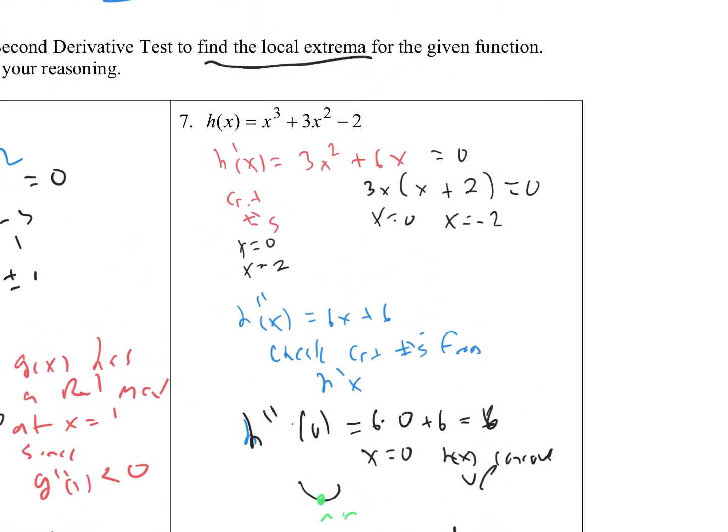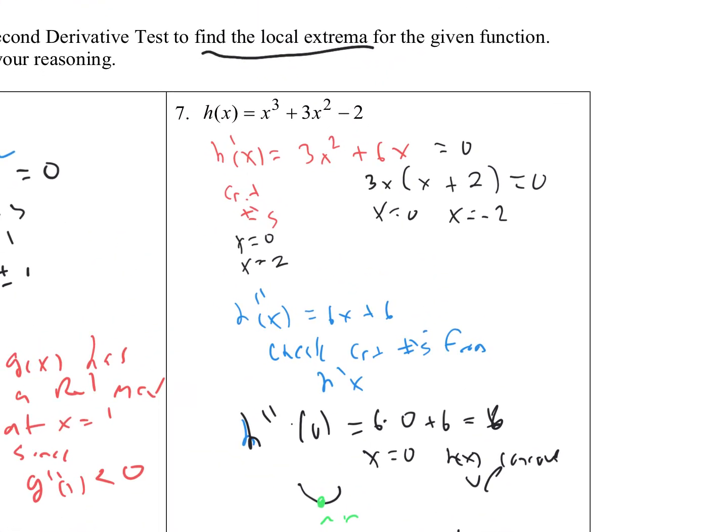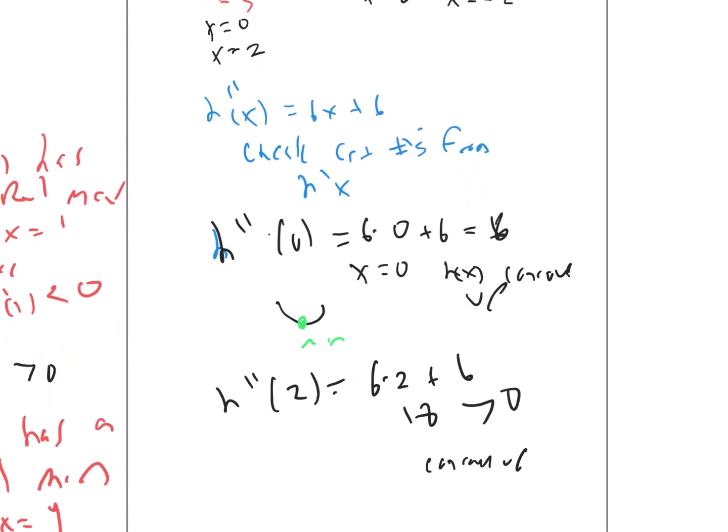What was my function? Was x cubed plus 3x squared minus 2? x cubed plus 3x squared plus 6x. Pull out my numbers. I got 3x factored out of x plus 2. Oh, that's a negative 2. Oh my goodness. Right here, I see it.